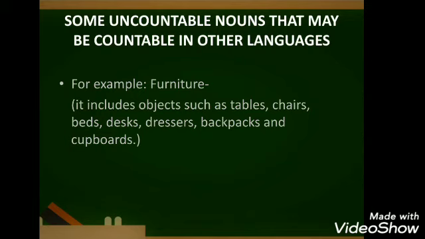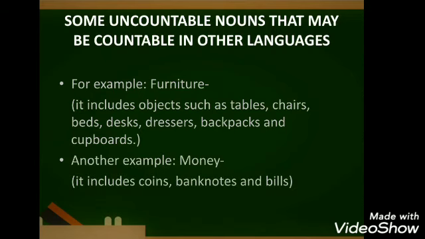But we can say I have a table or I have two tables, I have two chairs, I have three desks. Similarly, with the other example, money. Money is uncountable, but as it includes coins, banknotes, and bills, these coins, banknotes, and bills are countable nouns.